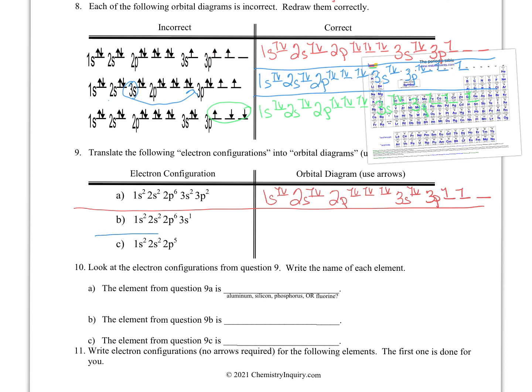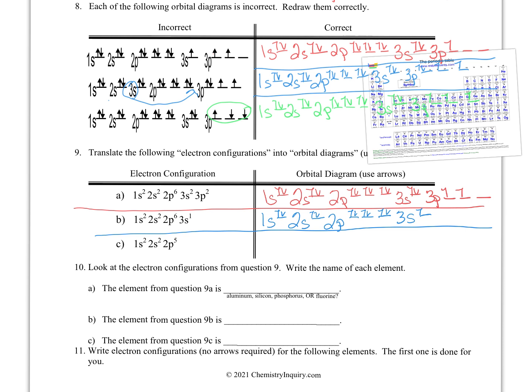Okay, so B is a shorter one, which is always nice. So we start with 1s, make one orbital and fill it up. Then 2s, one orbital, and it has 2, so we fill it up. 2p, 3 orbitals, and it's filled, so it's 6 electrons. And then 3s, one orbital, and there's only 1 electron in it.